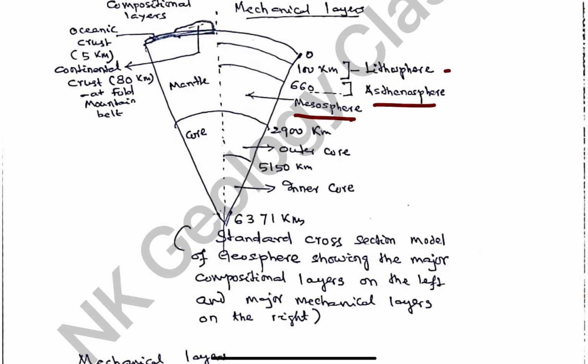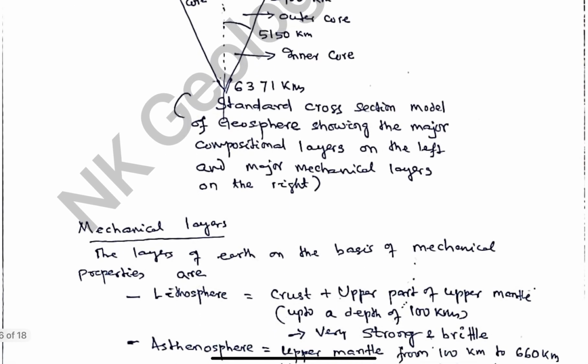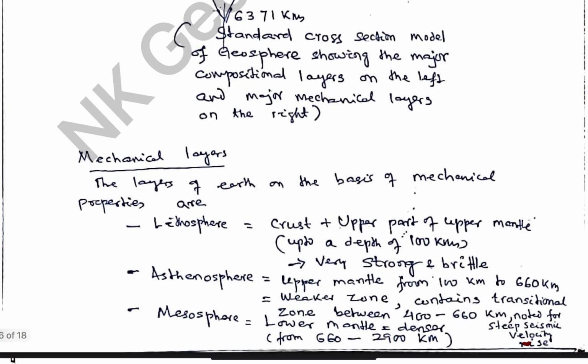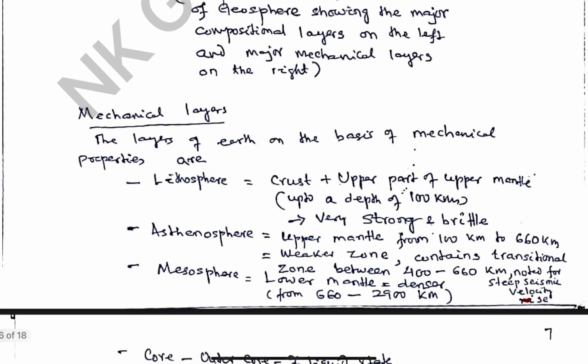Upper mantle exists from 33 kilometers to 660 kilometers, and lower mantle from 660 kilometers to 2900 kilometers. So this is the broad classification of Earth into crust, mantle and core.